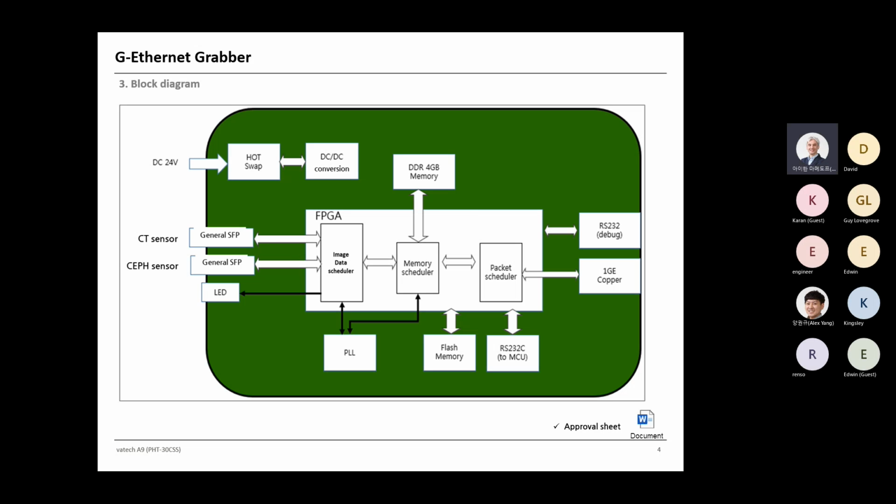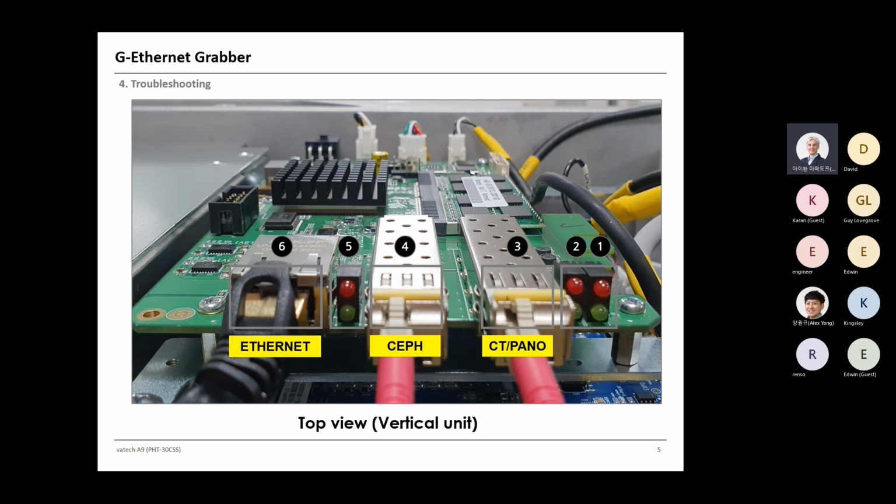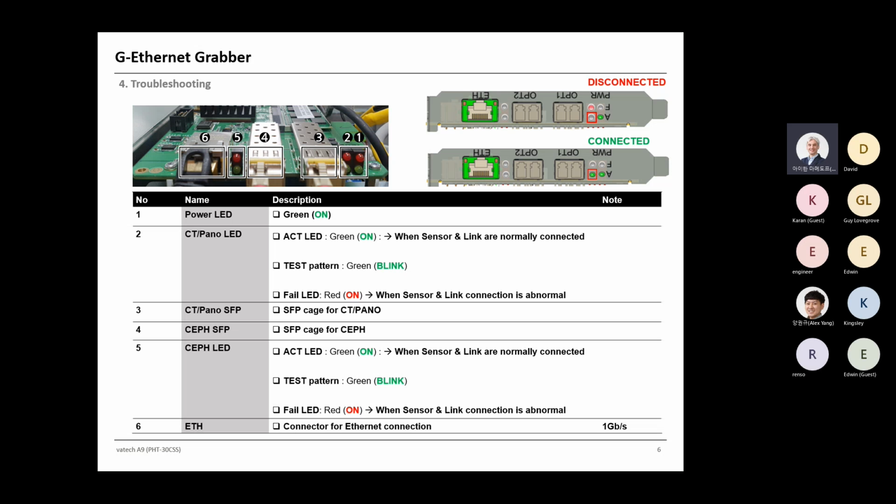All right. So here you can see how it looks in real life, right? You have here the CEF and CT panel and Ethernet port connections. And here you have the lamps that will show you if a proper connection is established between the PC or not. So how do you check them?